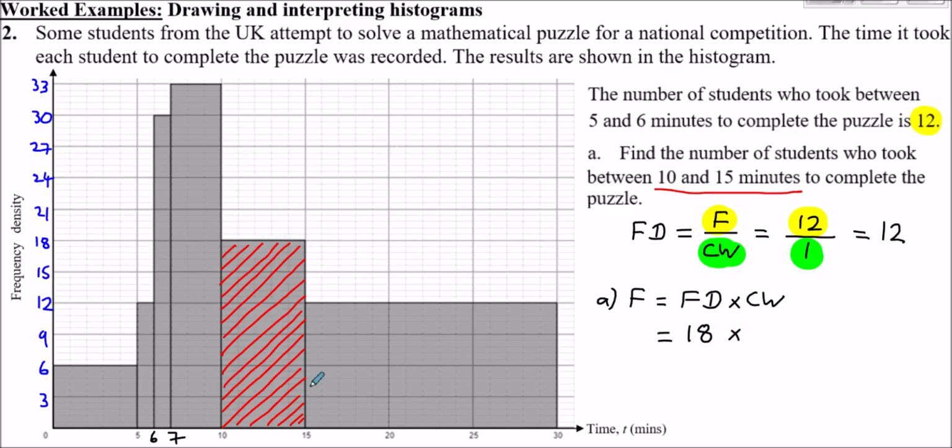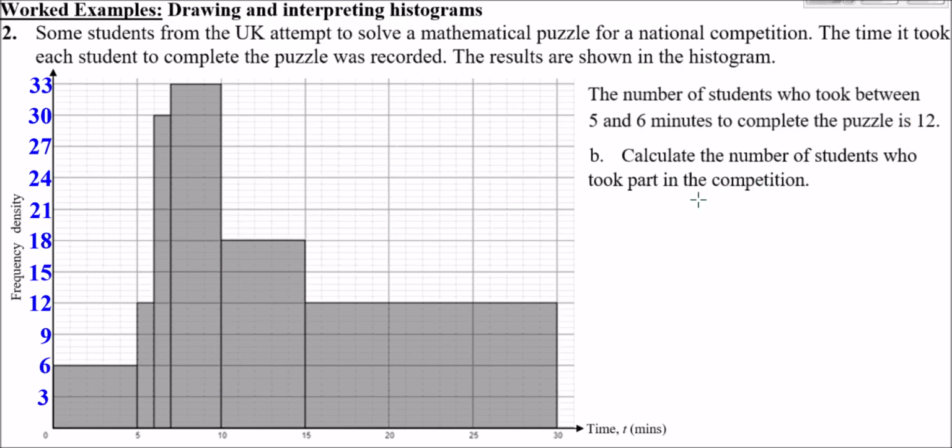The class width from 10 to 15 is just simply 5. So then 18 multiplied by 5, that gives us 90. So that's part A sorted. We know that bar is worth 90 students.